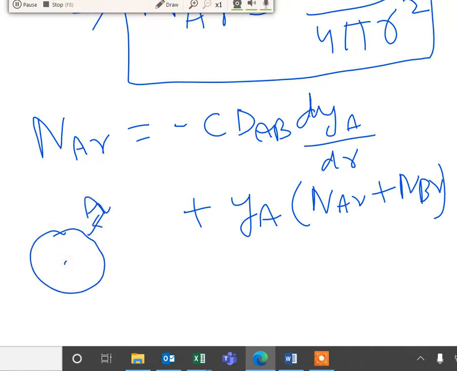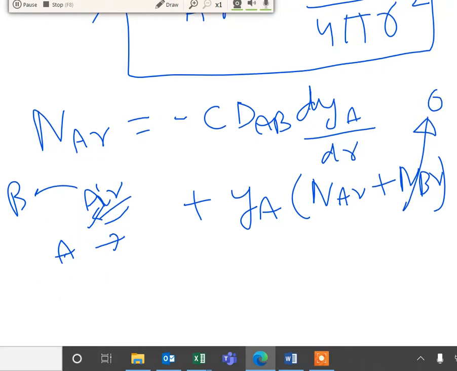Air is still air, which is B. This is A. This diffusion is from here to here. There is no movement of air. So NBr is 0. Okay, NBr is 0. So this is like unimolecular diffusion.